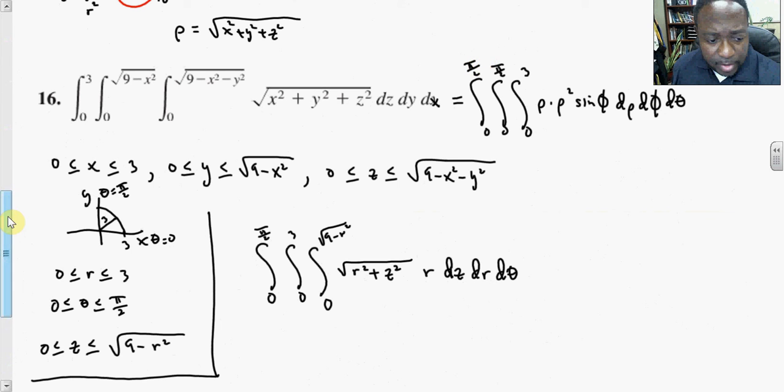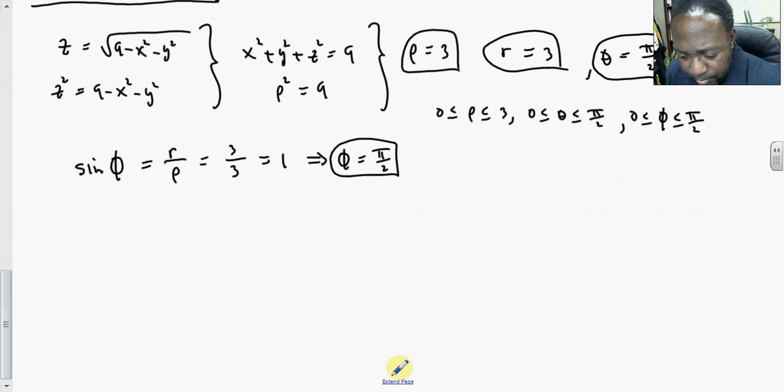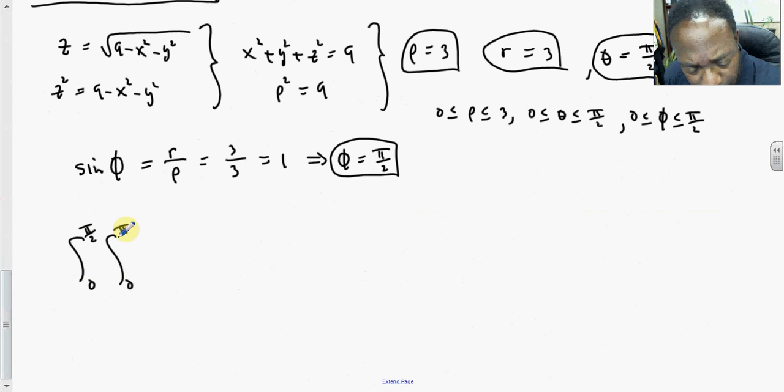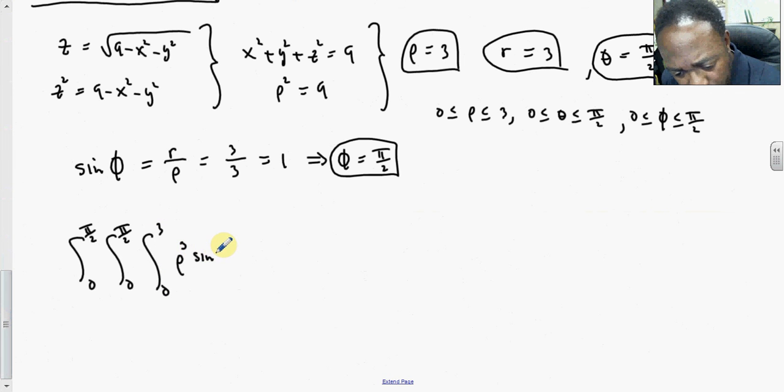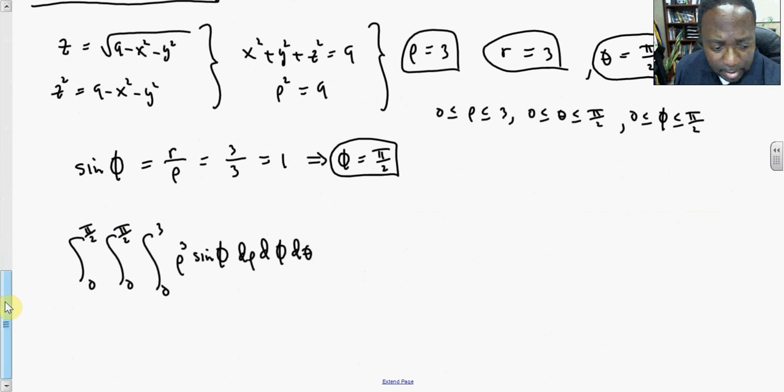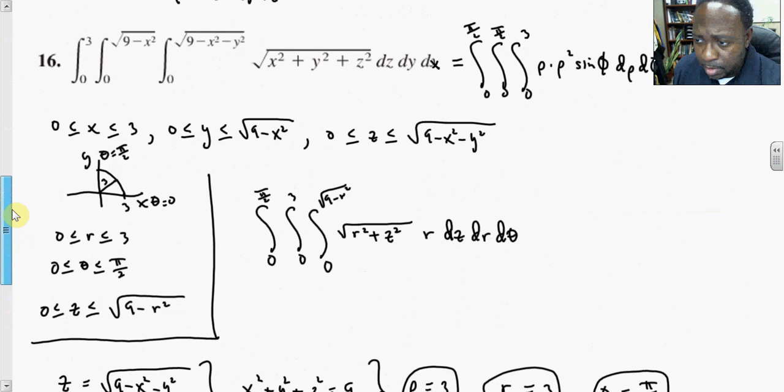So let's write that downstairs over here. So we have the integral from 0 to pi over 2, the integral from 0 to pi over 2, the integral from 0 to 3. This is rho to the third times sine phi. This is d rho d phi d theta. And I think that's how I have that up here.